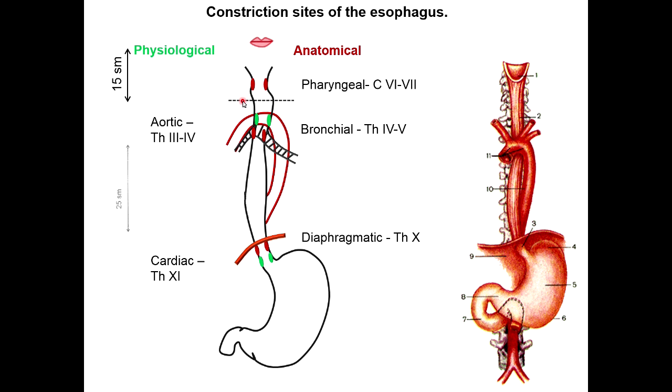Then next 25 centimeters corresponds to the thoracic part and abdominal part. Abdominal part is quite short, only 1.5 or 2 centimeters.